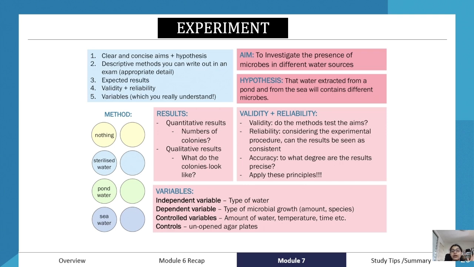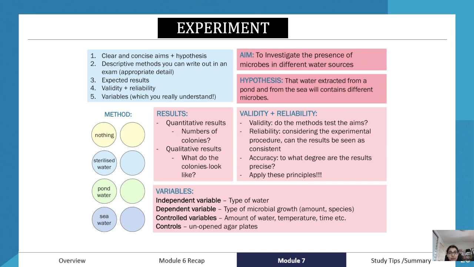Finally, the variables, which you need to understand. Having a good understanding of the variables is important. You should be able to tell them apart. One thing that always confuses everyone is the difference between controlled variables and having a control. An independent variable is the one that is being manipulated, while the dependent variable is the one that is being tested. In this case, our independent variable is the water source that we are using.